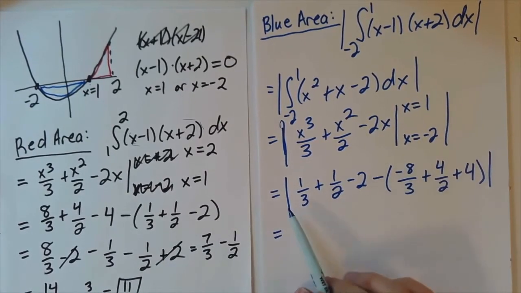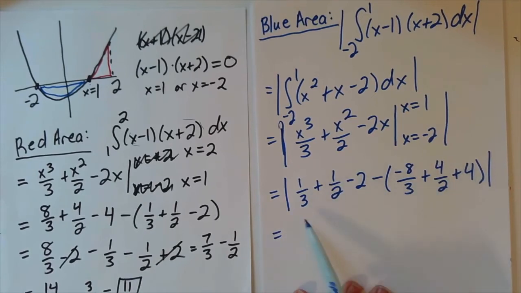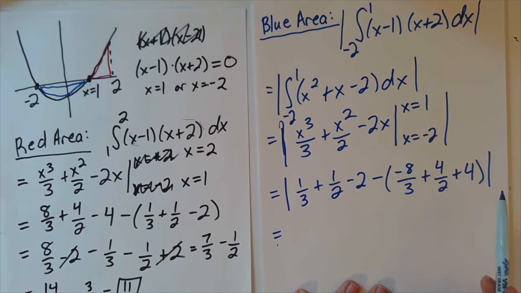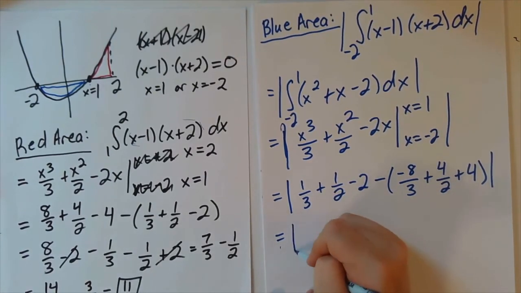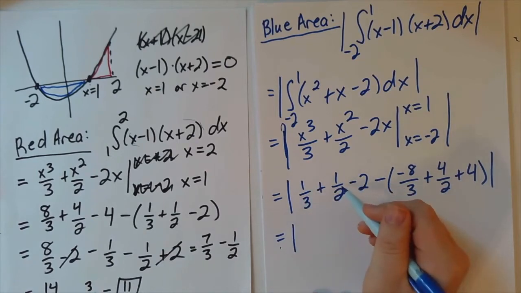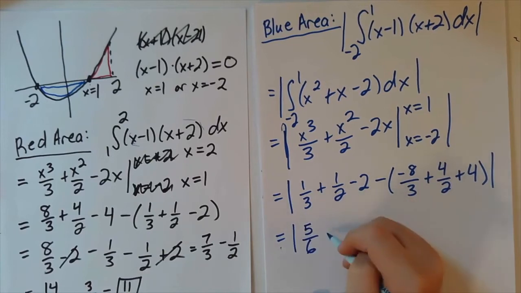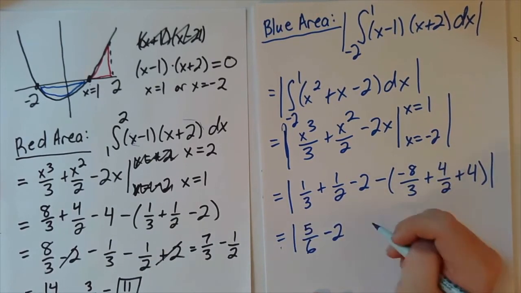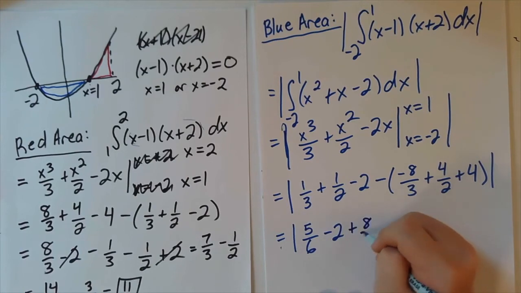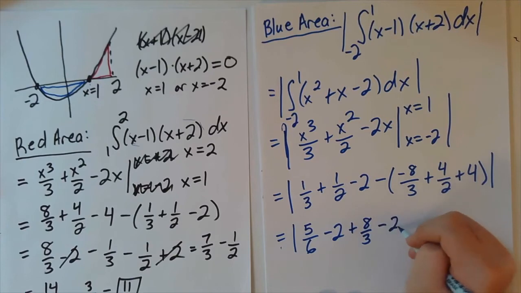Please note you cannot distribute absolute values over things, so I have to calculate and simplify this whole number before I do anything with these absolute values on the outside. Okay, so this is 1/3 plus 1/2, that's 5/6 minus 2 minus 8/3, so that will be plus 8/3, and then minus 2 minus 4.